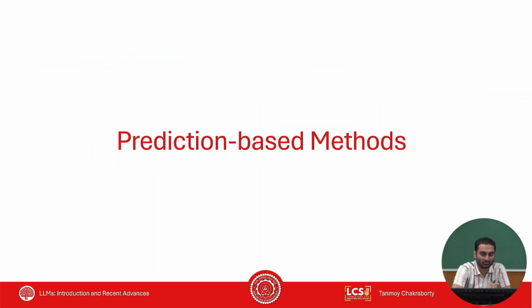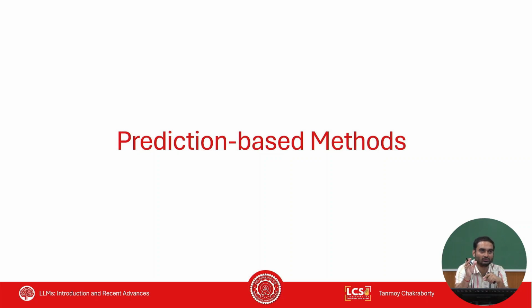Okay, so to address this problem, now we move to the recent approach called Word2Vec, a prediction based approach. We have seen count based approaches; now we look at prediction based approaches.